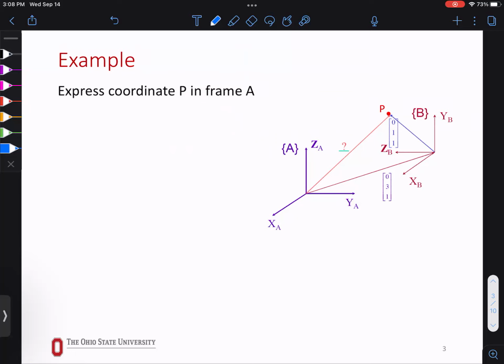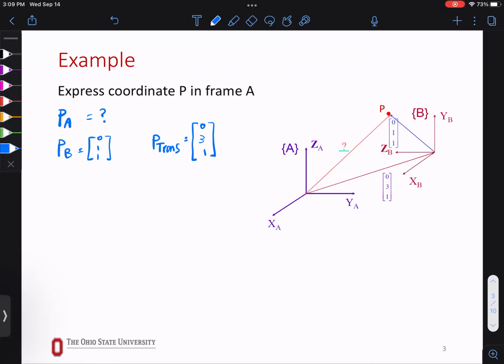So we are looking for P in A, unknown. We know P in B, 0, 1, 1. We also know the translation between the two frames, 0, 3, 1, right? Then we also know the rotation between the two frames.